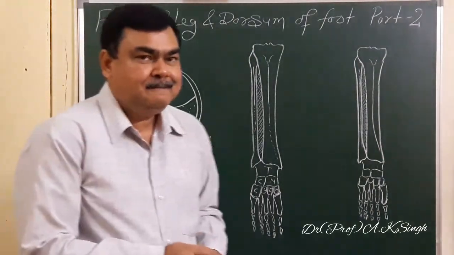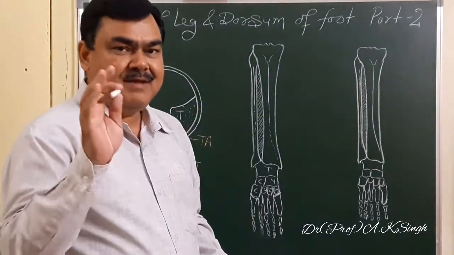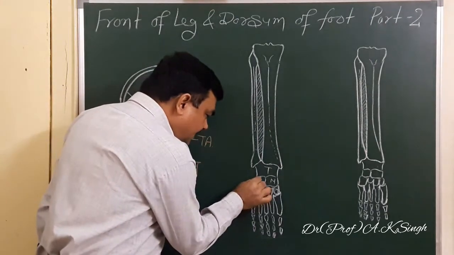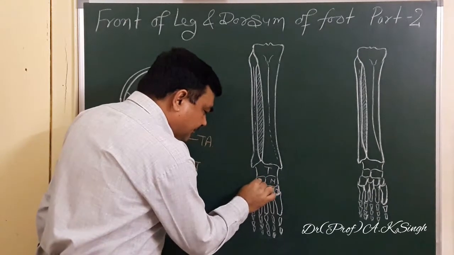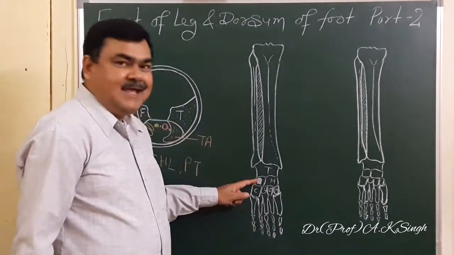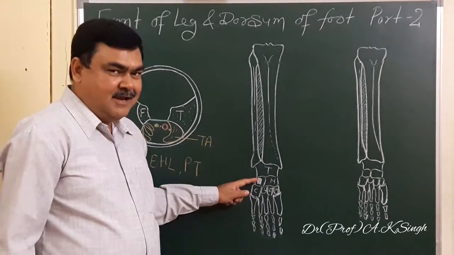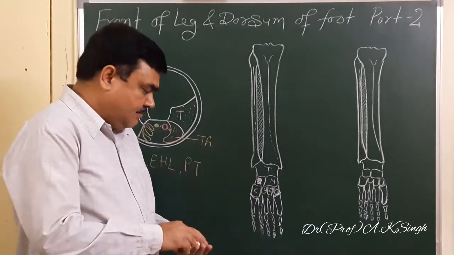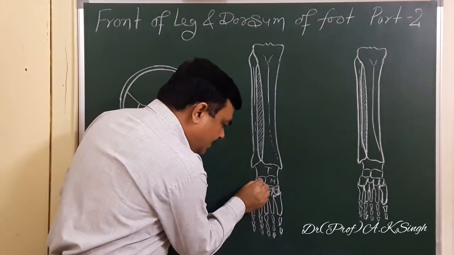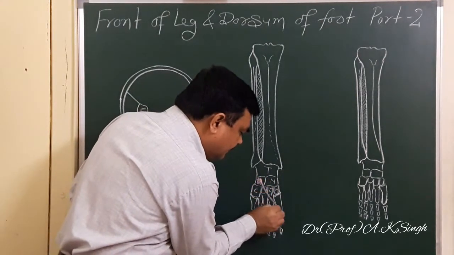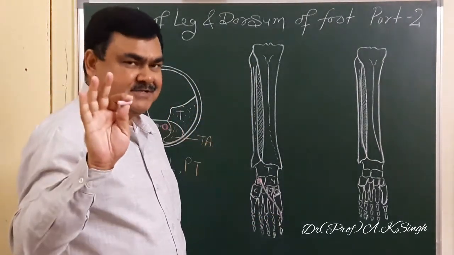So now we'll discuss the extensor digitorum brevis. This muscle takes origin from here, the anterior part of the dorsal surface of the calcaneum. This is the calcaneum bone. From here the muscle takes origin and it is divided and gives 4 tendons.